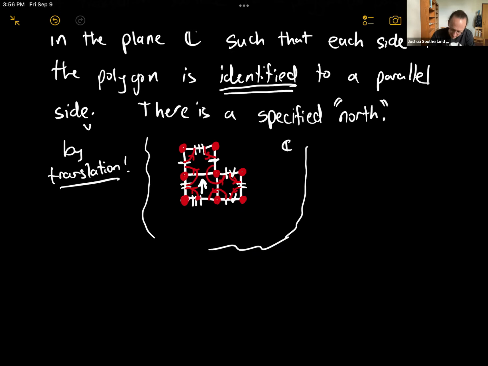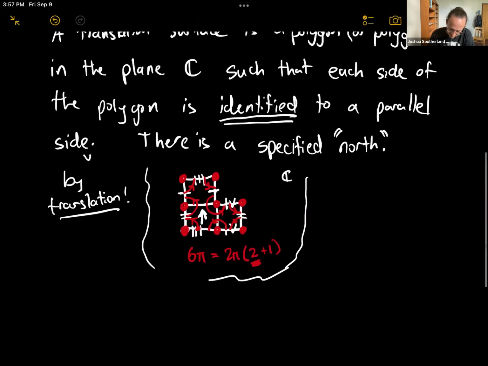So if you add up all the angle here, the angle should be 6 pi, which I could write as 2 pi times (2 plus 1), where this 2 is the number of excess 2 pi's. And the nice thing about translation surfaces is that anytime you have one of these singularities on the surface, the cone angles around these points are all multiples of 2 pi. And we can keep track of the excess angle at each one of these points.